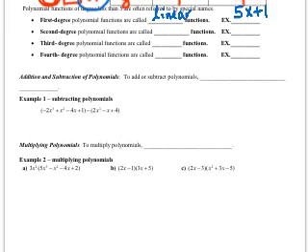Second degree are called quadratics, or quadratic functions. So an example is 2x squared plus x minus 1. Third degree are called your cubics. So 4x cubed minus 1.